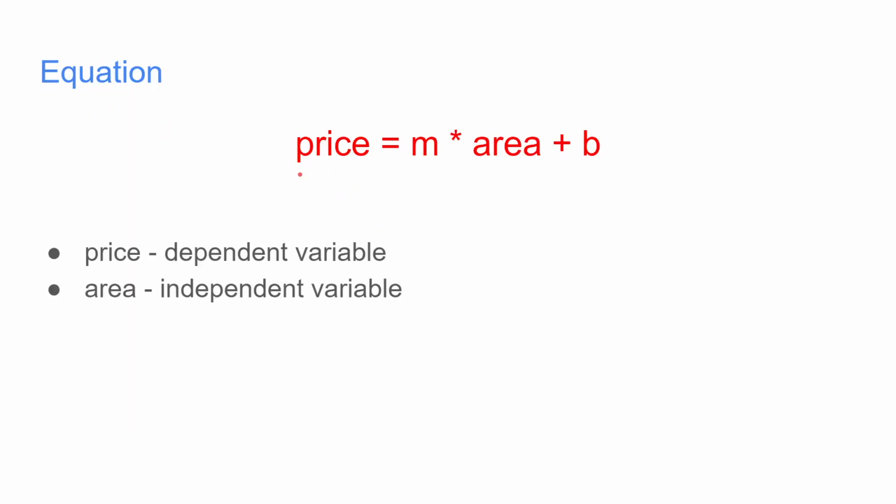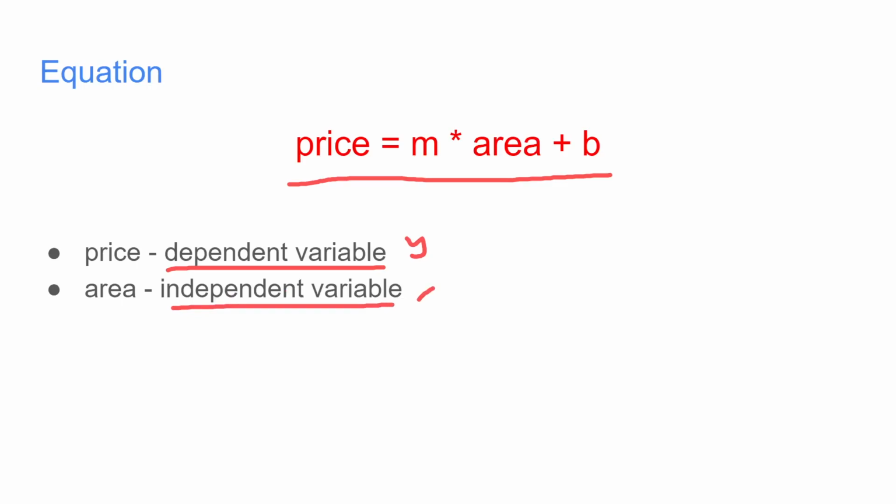So our equation becomes price equal to m into area plus b. Price is the dependent variable on the y-axis, and area is the independent variable on the x-axis. So this is the simplest equation.